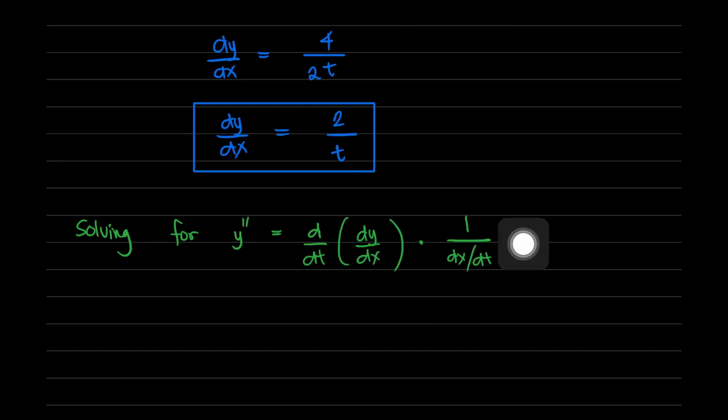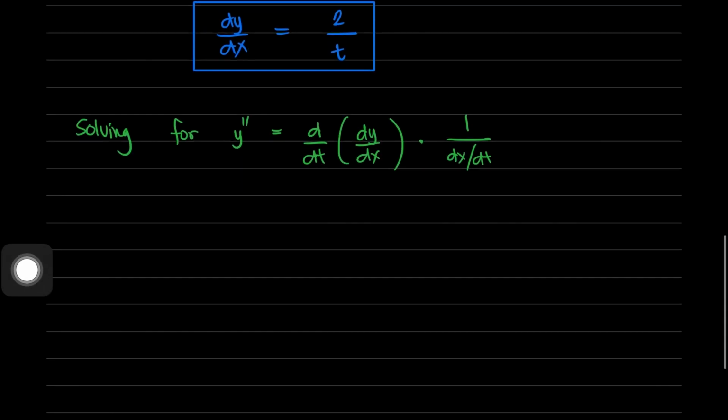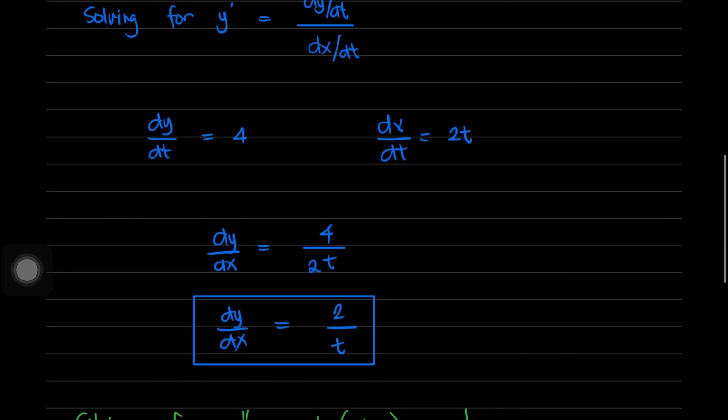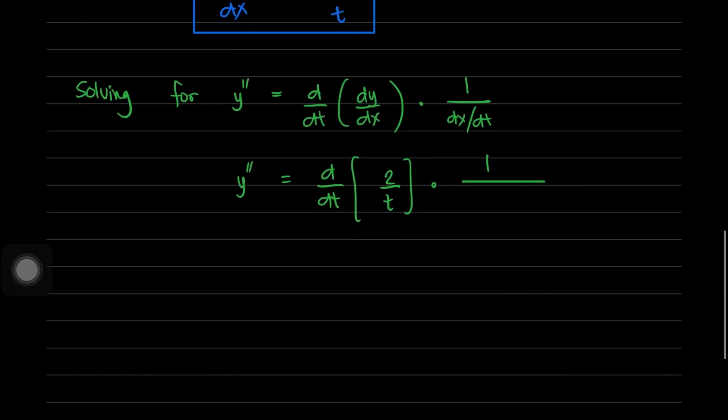So applying this formula, y double prime equals d over dt of 2 over t multiplied by 1 all over dx over dt, which is 2t.